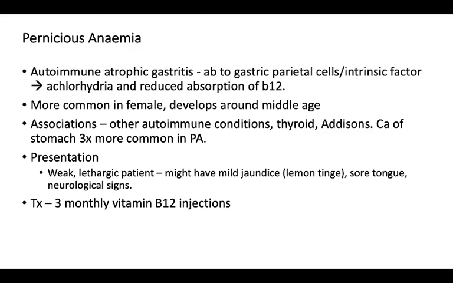In terms of treatment, there is no cure, but you can replace the B12 through IM injections, which has to be done lifelong. Patients with pernicious anemia need lifelong vitamin B12 injections, usually 3 monthly. At the start, if the levels are very low, you might give injections more often, and once they're stabilized, it will be 3 monthly.